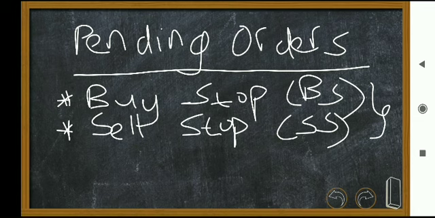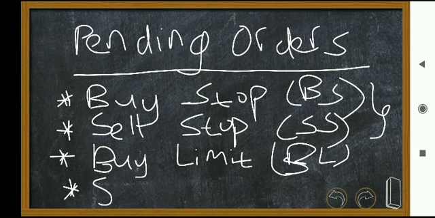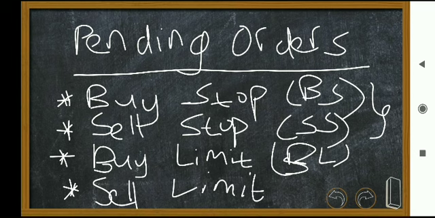So the limits, we will have the buy limit and the sell limit. The limits work in this way. They are for when price touches this point, then goes in the opposite direction.